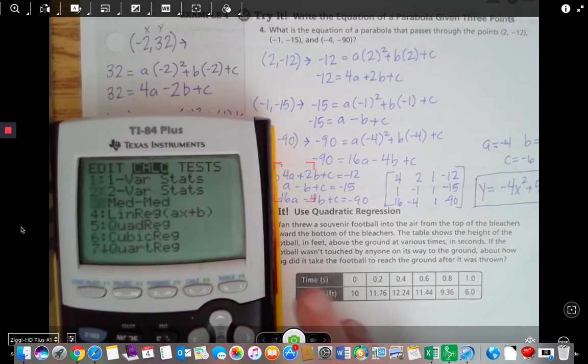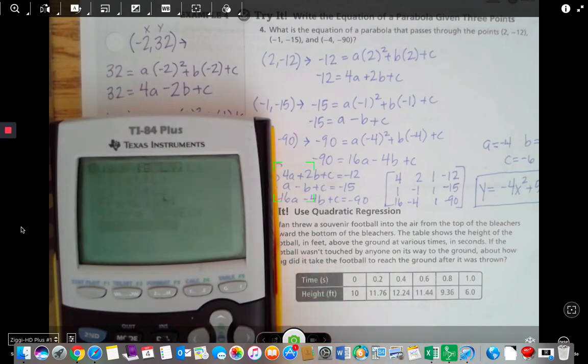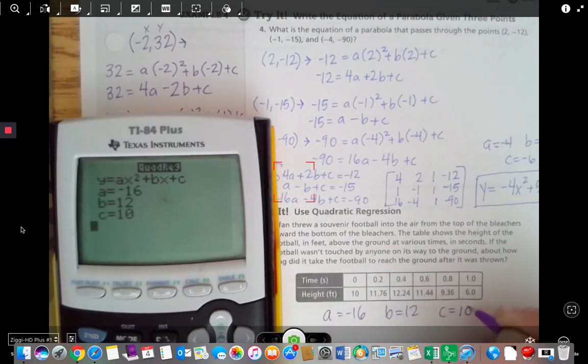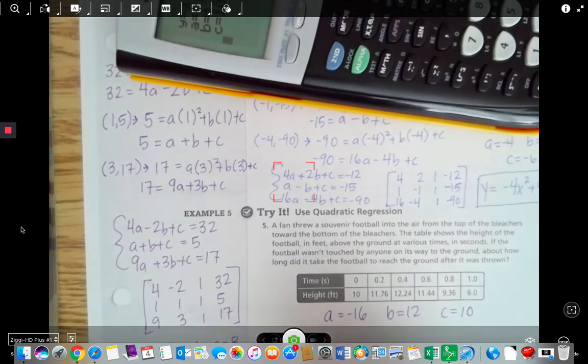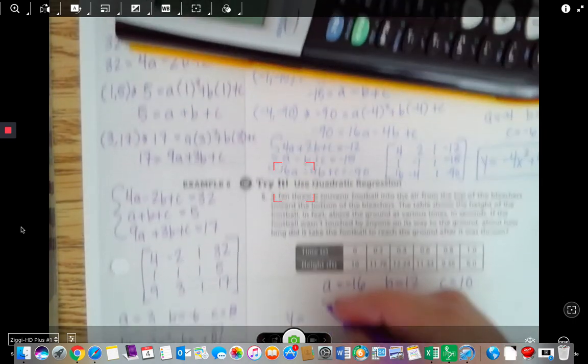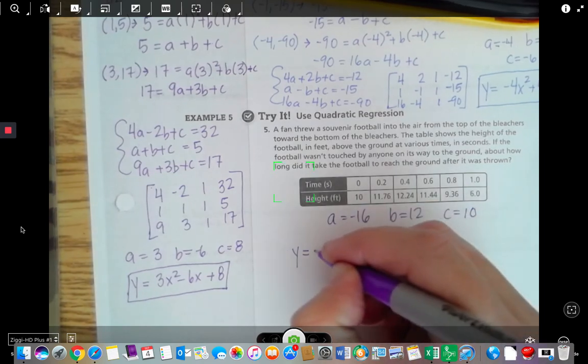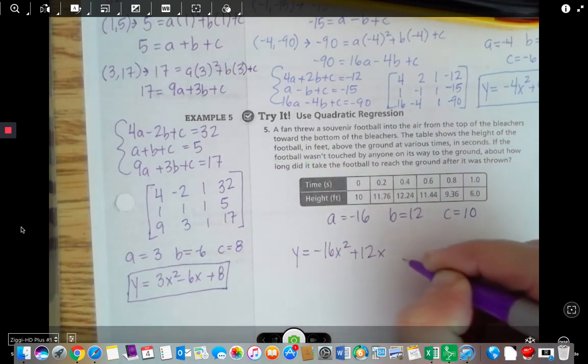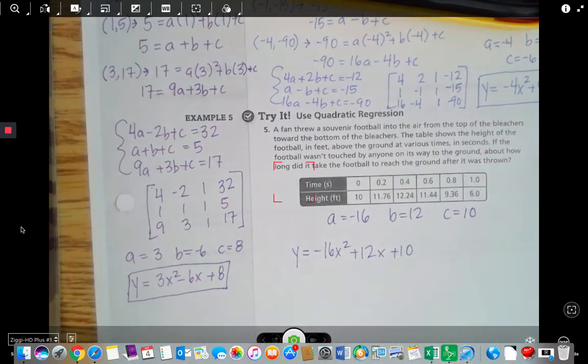Stat, calc, quadratic. And it tells me that A equals negative 16, B equals 12, C equals 10. So my equation of the path of this football that was thrown would be y is equal to negative 16x squared plus 12x plus 10.